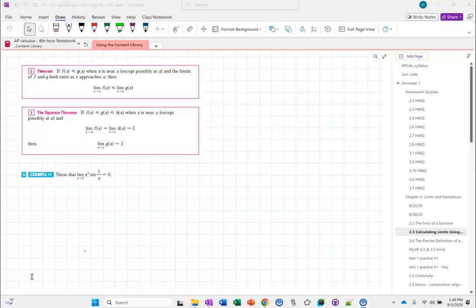So today, to finish 2.3, we need to talk about the squeeze theorem. This will be the first named theorem that we have. The expectation, at least from the AP perspective, is that this is a theorem you should be able to quote and use. You should know the conditions you need in order to apply it, and be able to state the conclusion of it to answer questions.